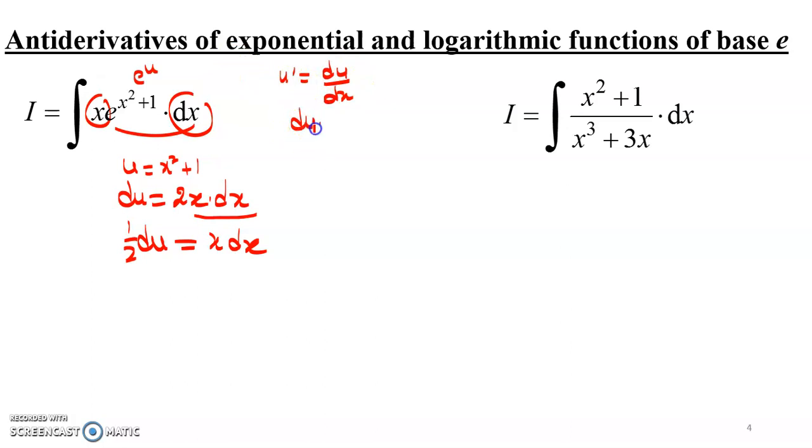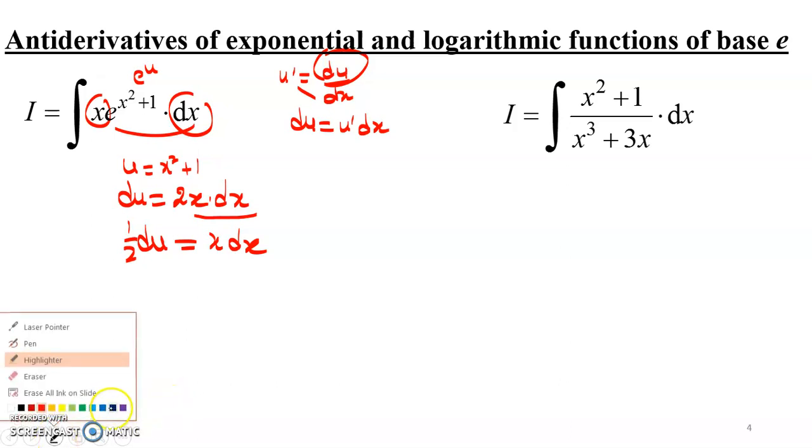So du, the differential of the new variable, the one you're introducing, is u prime times dx. So this is why du is not just 2x, it's not just u prime, it's u prime times dx. So this is why it is very important to have the dx here in order to be writing mathematically correct, so that dx comes from the fact that we cross multiplied here in Newton's notation.